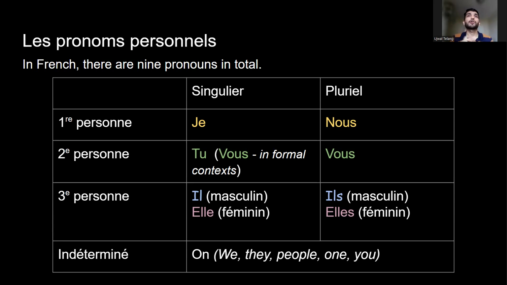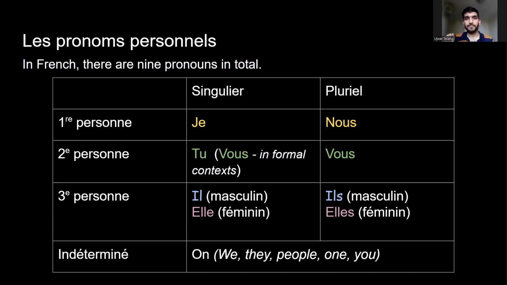I'm talking to one person and maybe it's a very casual situation or you're really good friends, you can call them tu. If you want to be more respectful and maybe perhaps it's an elderly person, you can use vous. In fact, you should use vous. That would be more appropriate.